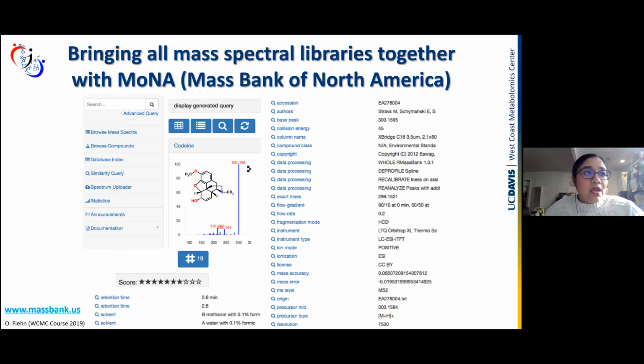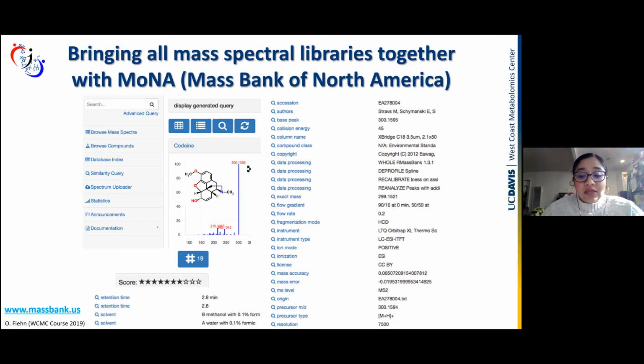You'll see the information they've provided in terms of method information, the retention time, and the columns they used. So you could essentially create such spectra in your own lab if you gather the same materials needed. But you could also just download this exact MSMS spectrum if you need it. And it's really easy to download.